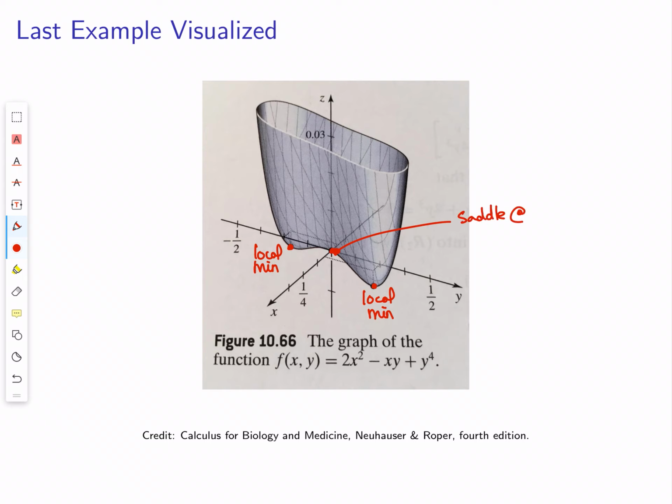This first local min over here is at (1/16, 1/4). And the other one on the left-hand side is a local min at the point (-1/16, -1/4).